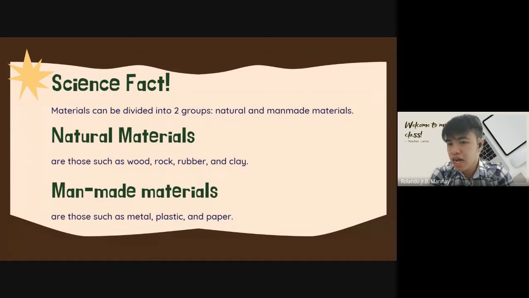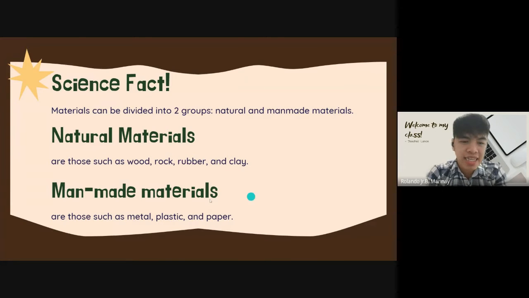Those are natural because we cannot make them. We cannot make wood by ourselves. We cannot make rock, rubber, or clay. They are already in nature, already in the environment. That's why we call them natural materials.